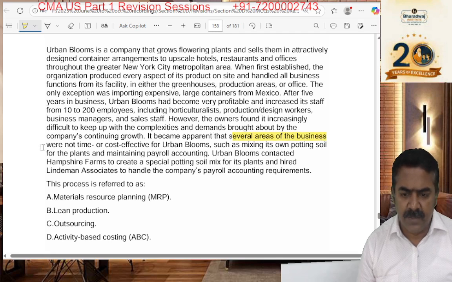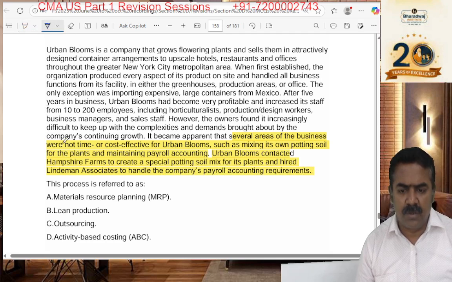Several areas of the business were not time and cost effective, such as mixing own potting soil for the plants and maintaining payroll accounting. Urban contracted another farm to create special potting soil mix and hired associates to handle the payroll accounting process requirements.